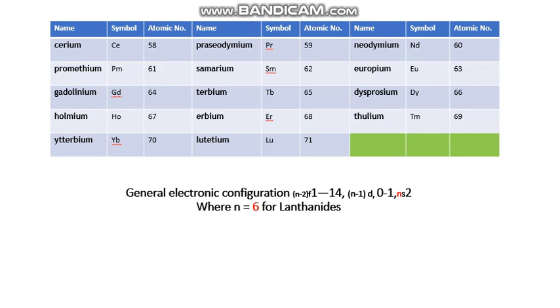The general electronic configuration of lanthanides can be given as ns2, (n-1)d0 to 1, (n-2)f1 to 14, where n means 6. The 6th shell is the last shell in lanthanide, because lanthanide belongs to period number 6.